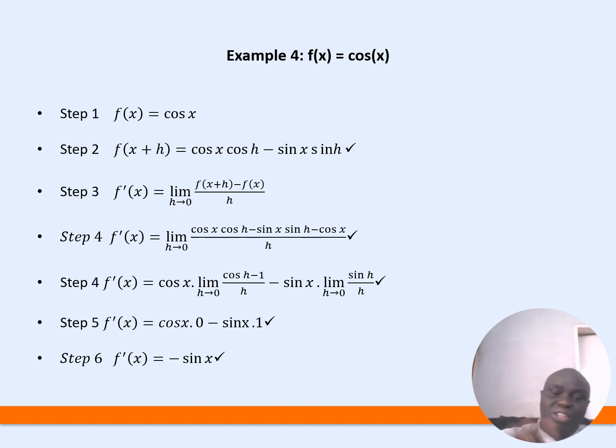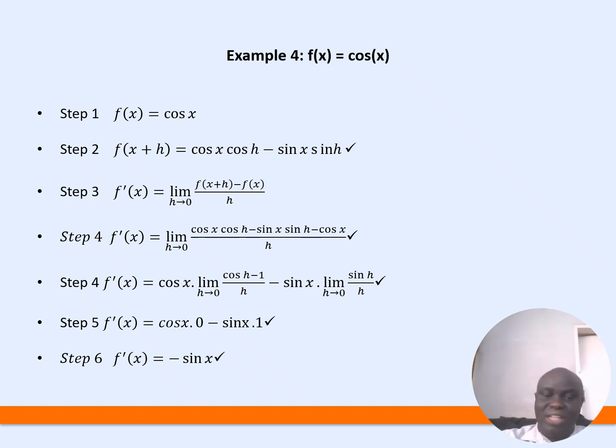Now, when you apply first principle here, you see your f of x is equals to your step 1, f of x is equals to cos x. That's the question. Then you apply what we call the compound angle formula. The compound angle formula here you apply is going to be cos A cos B minus sin A multiplied by sin B. That's the formula we apply here, but we have to change the A and B to x and h.